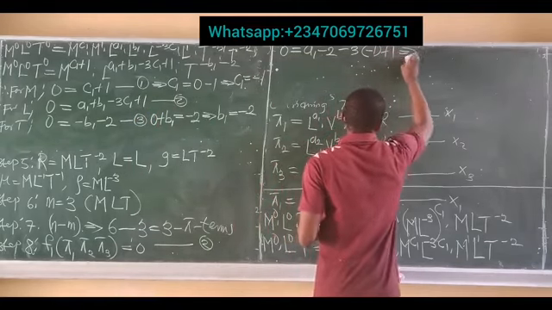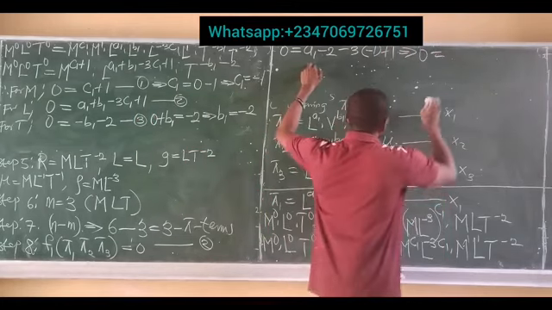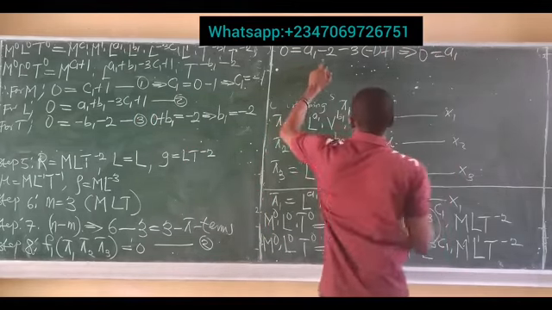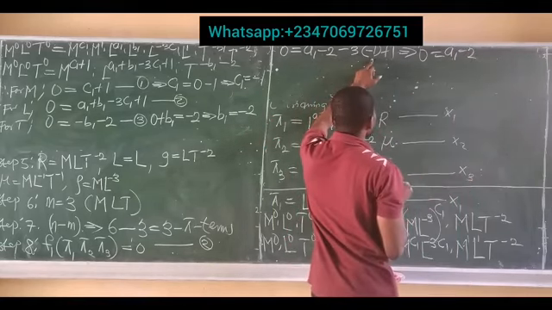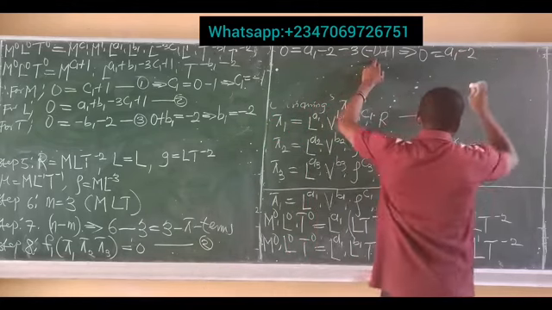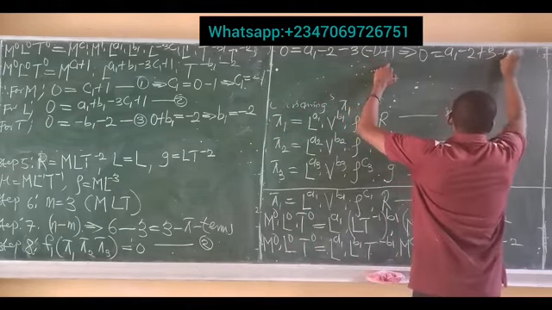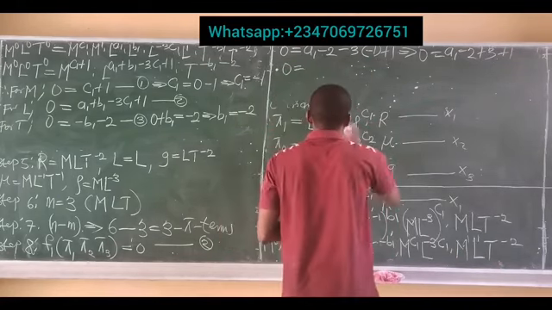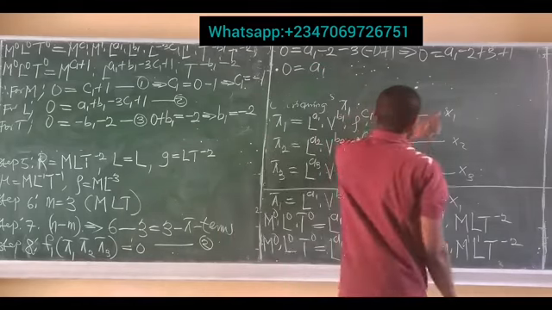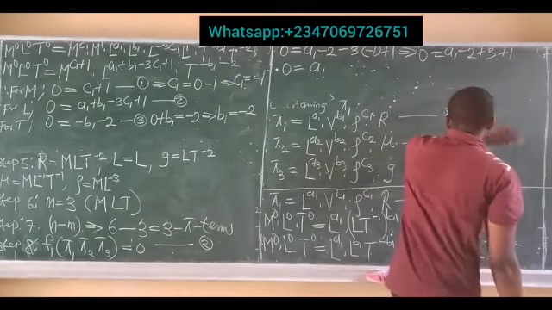Now, this simply implies that 0 is equal to A1 minus 2, minus 3 times minus 1. Minus times minus becomes plus, 3 times 1 is 3, so this is plus 3 plus 1. And of course, I have 0 to be equal to A1 minus 2 plus 3 is 1, plus 1 is 2.